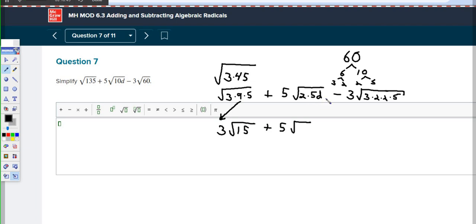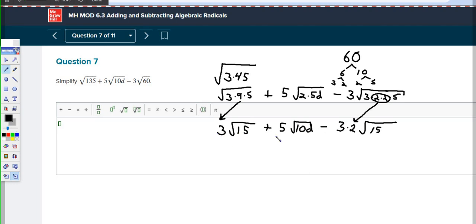I got 2 times 5d underneath the square root, and none of that is a perfect square or pair. So that's still 5 of the square roots of 10d, and I'm going to subtract off 3, and then I have 2 times 2, and I can take that 2 outside. So 3 times 2 of the square roots of 15. I still have a 3 and a 5 underneath the radical.